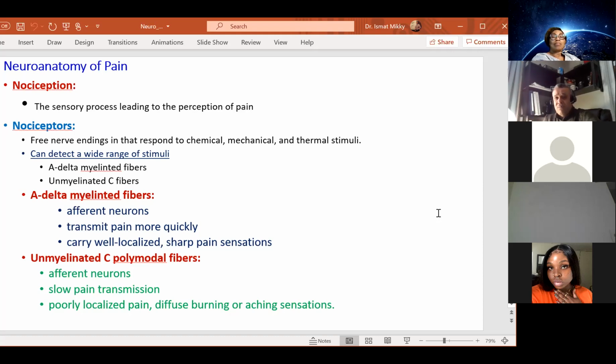It can be a hot object, a sharp object, trauma, or force. All of these, chemical, mechanical, or thermal, will result in pain sensation because they are going to activate these nociceptors. So we talked about the A delta fibers and the C fibers, and the difference between them.